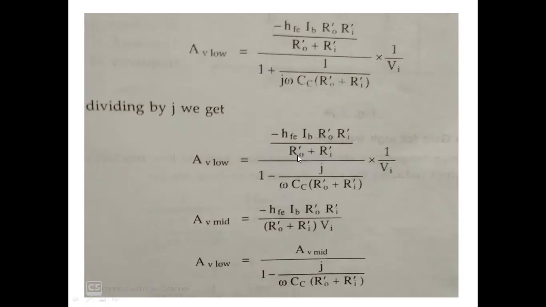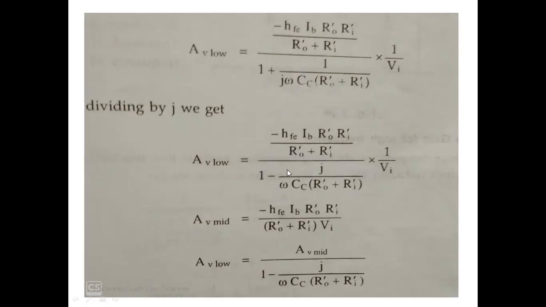In a simple manner we can also say that the denominator term is shifted to the numerator. 1 by j is equal to minus j. So in place of 1 by j we can write minus j. Minus j by the remaining term omega Cc into R0 dash plus RA dash.